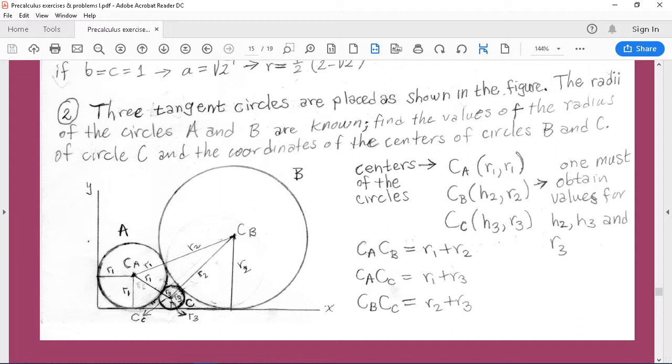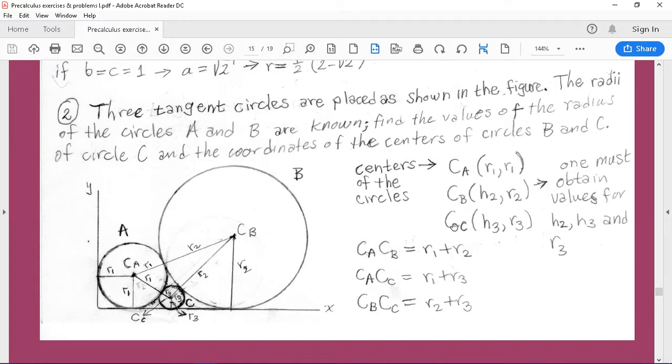CB has coordinates H2, which is unknown, which is the distance from the y-axis to CB, comma R2. R2 is the distance from the x-axis to CB. R2 is known.